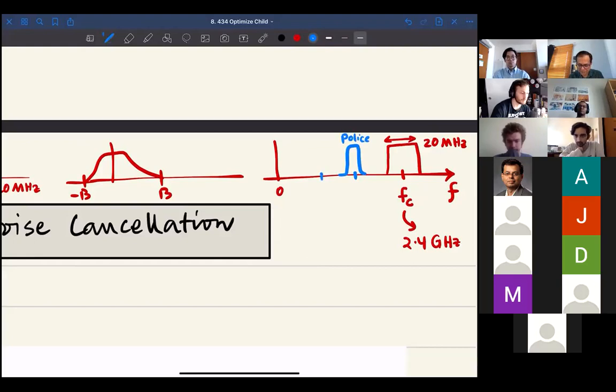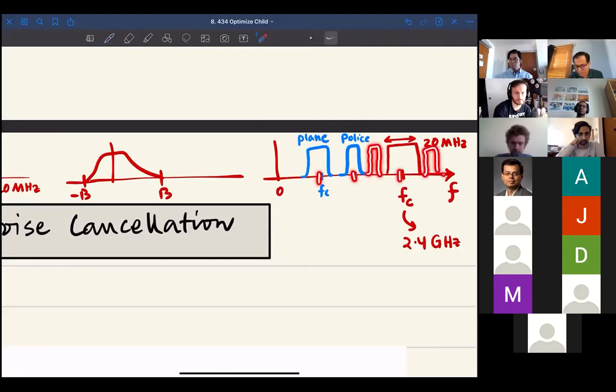Airplanes might have some other center frequency here, and they will have 10 megahertz here. Cellular towers, Verizon will have its own frequency. Vodafone or Sprint and AT&T, they'll have all of these, their own frequencies, and their own bandwidth around those frequencies.